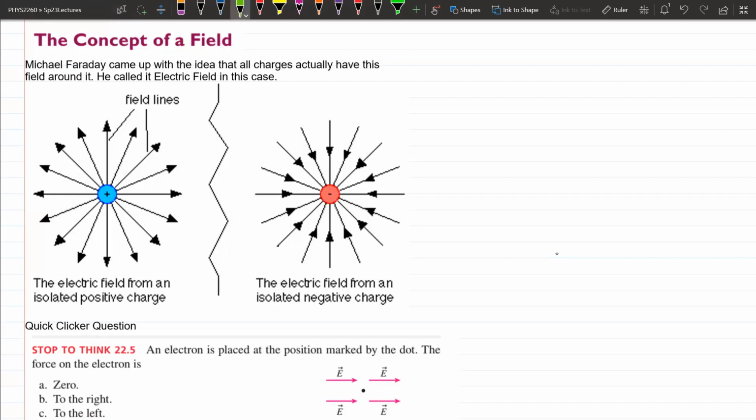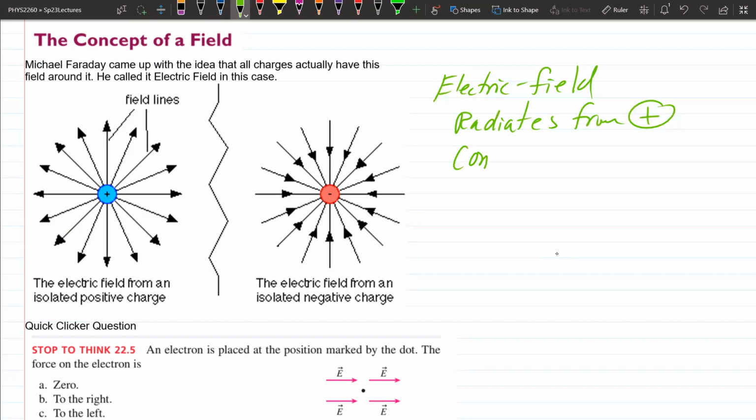So the idea is that the electric field, let's just write this down, and this is something that physics made up just for us to do a little bit easier math with, basically radiates from a positive charge and then converges on a negative charge.